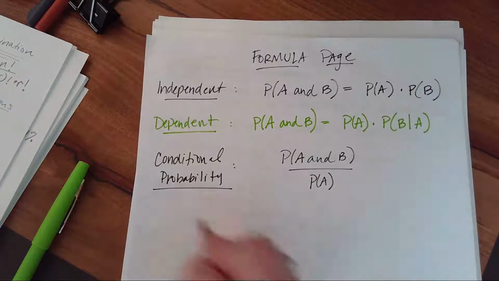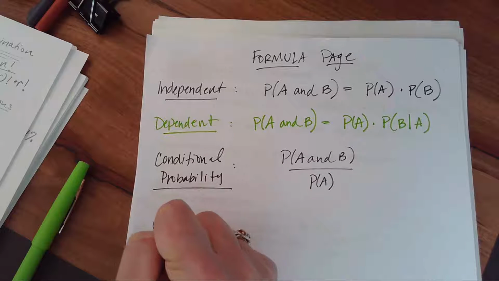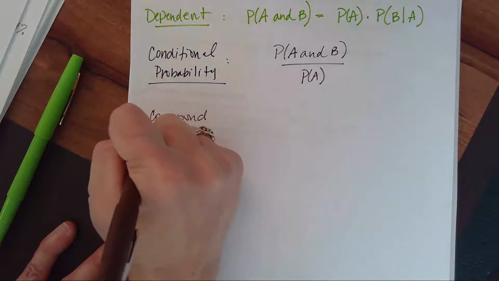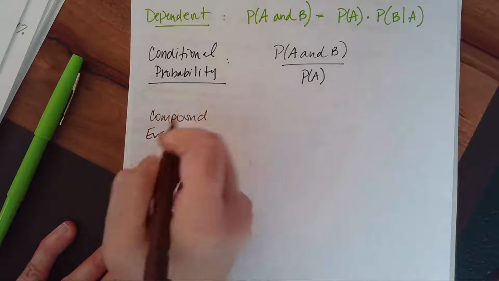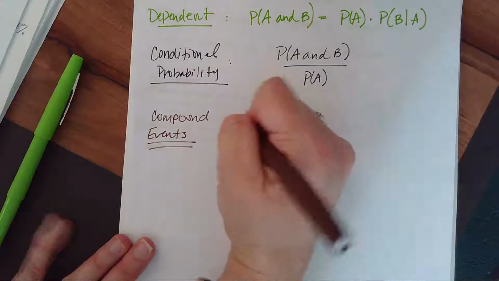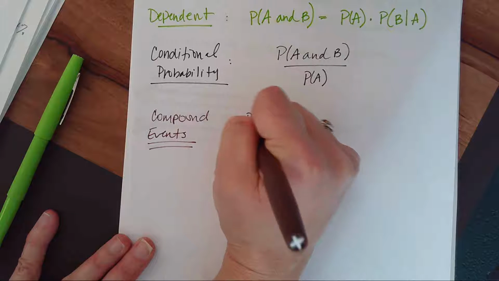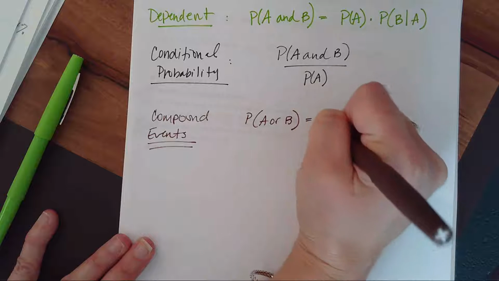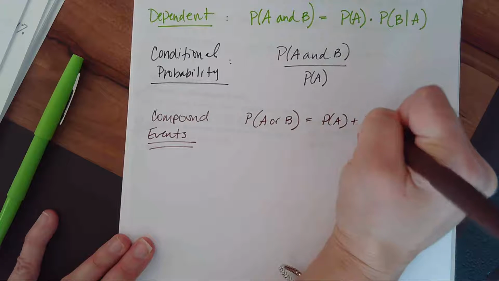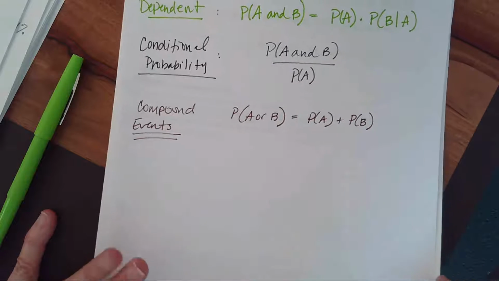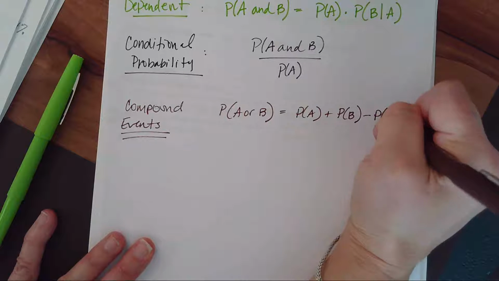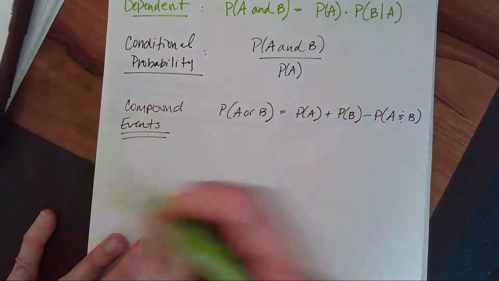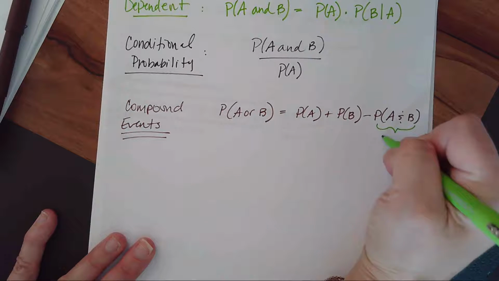I'm going to write compound events, and then the two formulas. The probability of A or B equals the probability of A plus the probability of B, and then you subtract out the overlap, so minus the probability of A and B. I just want to mention that this is the overlap.